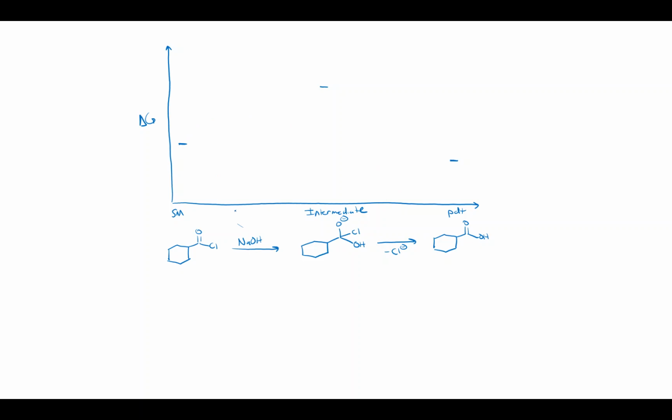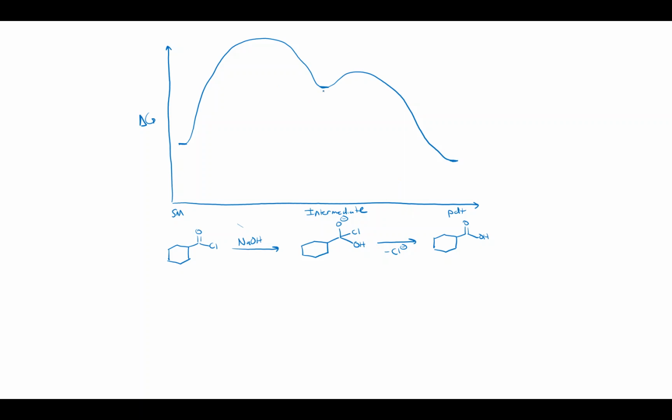Well, getting the NaOH to add to the acid chloride is actually the slower step, the kinetically less favored step, so we're going to give that one a bigger activation barrier. Once you make this intermediate, losing the chlorine leaving group is very easy because chlorine is a good leaving group. Plus you're neutralizing this compound to make a neutral carboxylic acid as it goes.